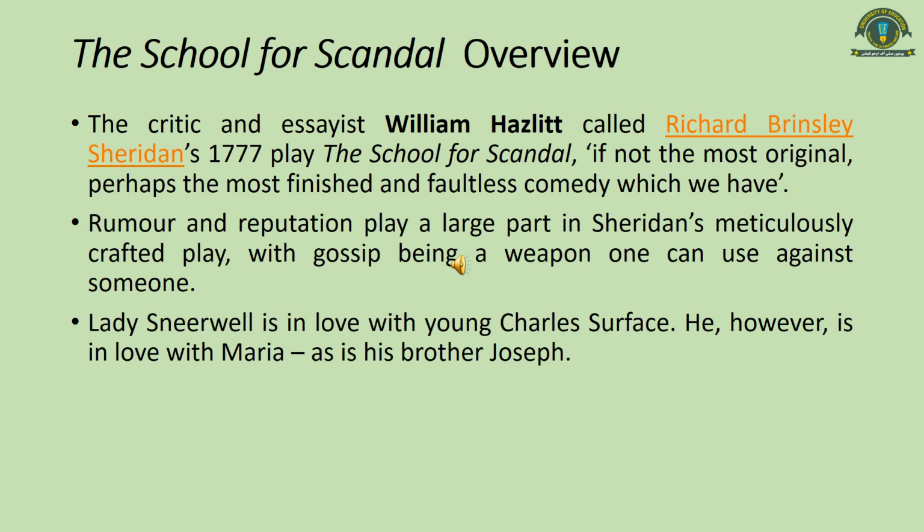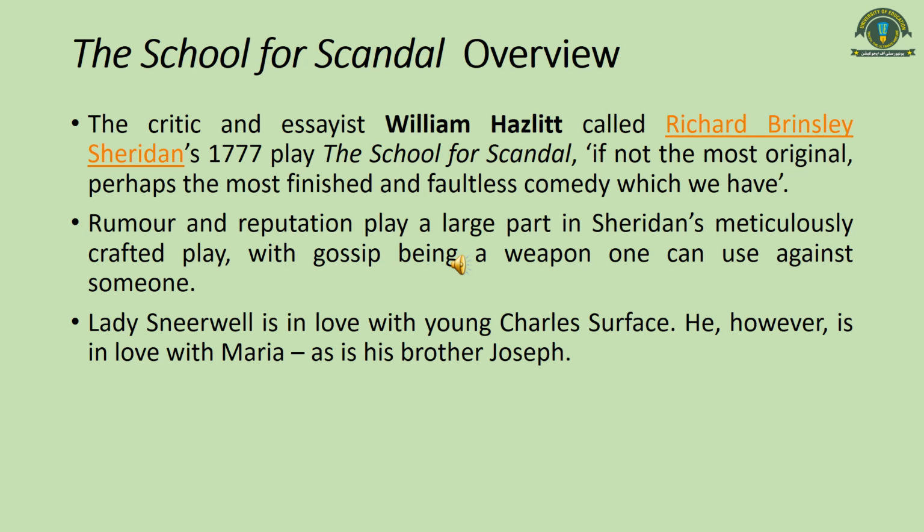So they think that after having a scandal with a married woman, he will not be able to retain and get back his position in society and his trustworthy relationship with Maria.